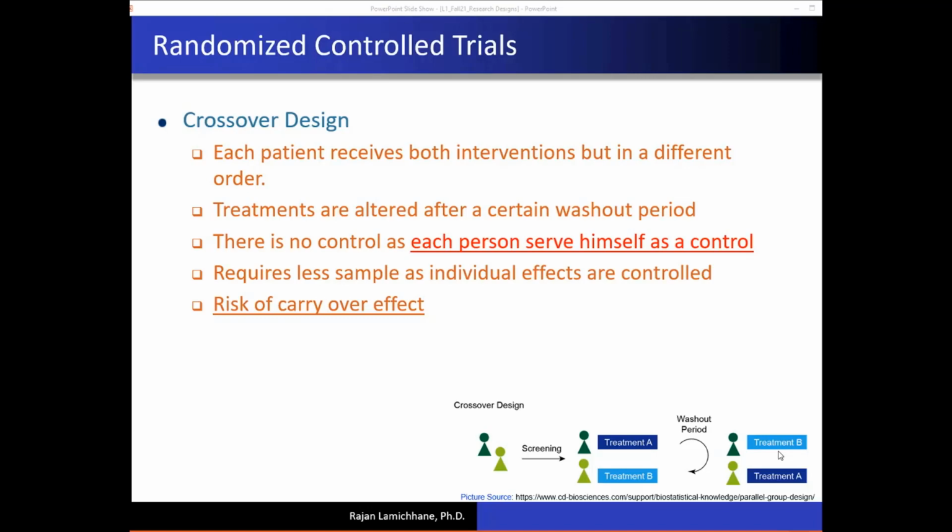So each person serves as his own control, and since the same individual is receiving more than one treatment, we need a smaller sample size. But there is a huge risk of carryover effect. Even though there is a washout period, the effect of the previous drug may not be completely washed out, so we still have some carryover effect when it moves to the second phase.